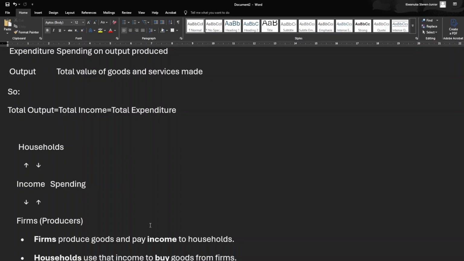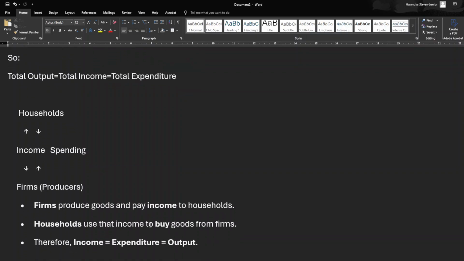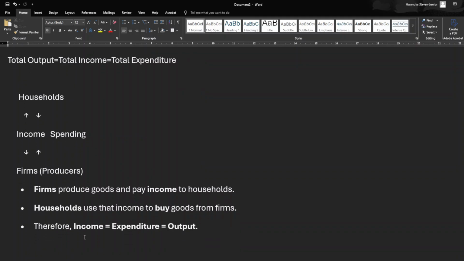Then the firms buy those factors of production, and at the same time they also produce the products. So firms produce goods and pay income to households. When they pay that income, households use it to buy goods from firms. Here it is income, and here they are buying, so it is expenditure. Therefore, income equals expenditure equals output.